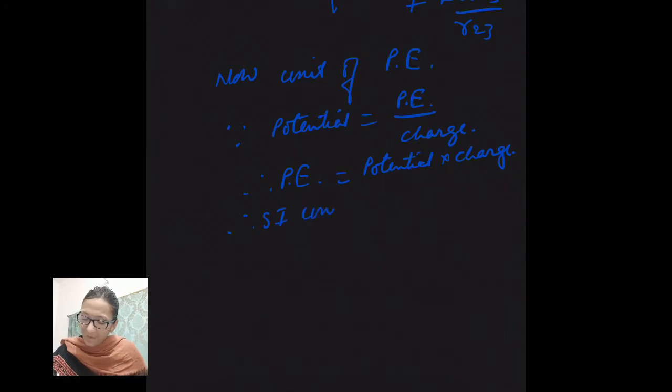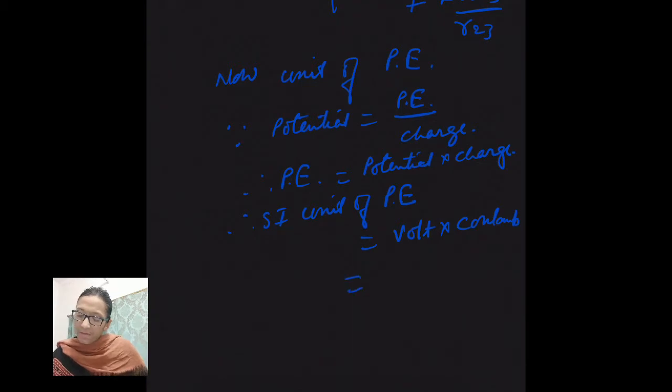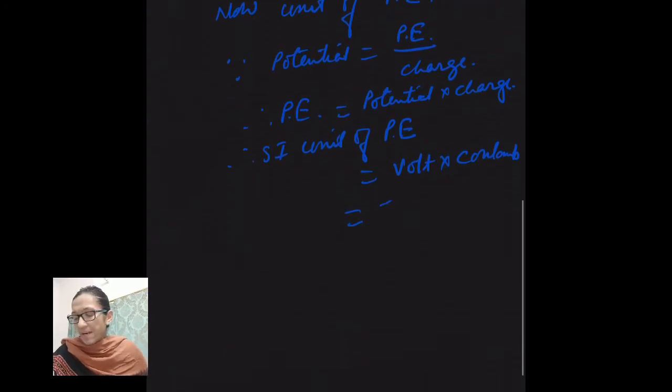Therefore the SI unit of potential energy is the unit of potential, volt, into the unit of charge, coulomb. And also, since it is some sort of energy, you can simply write it as joule.